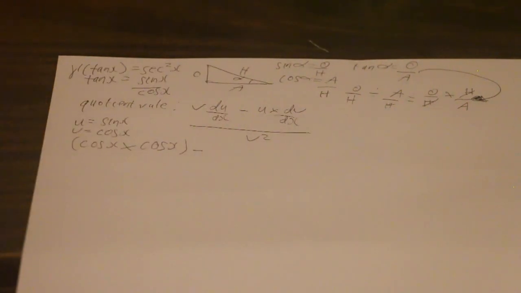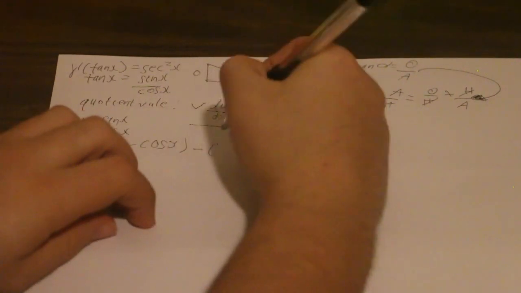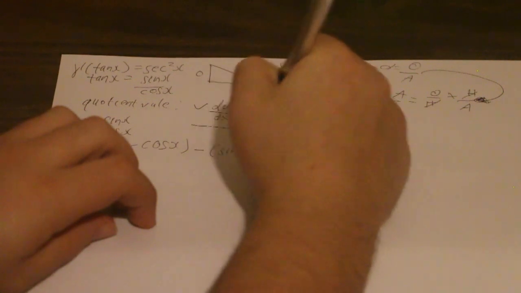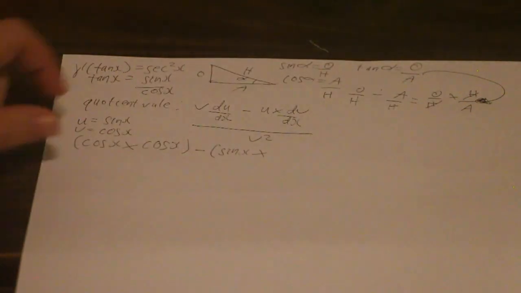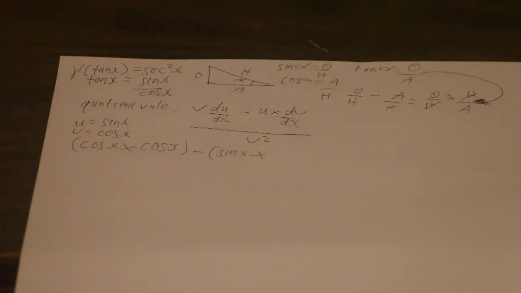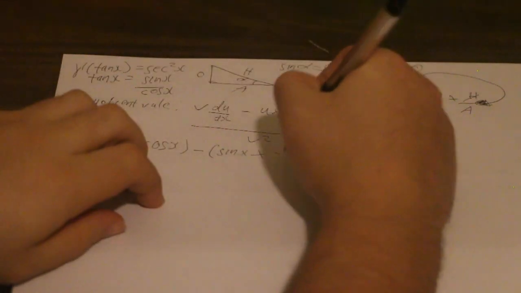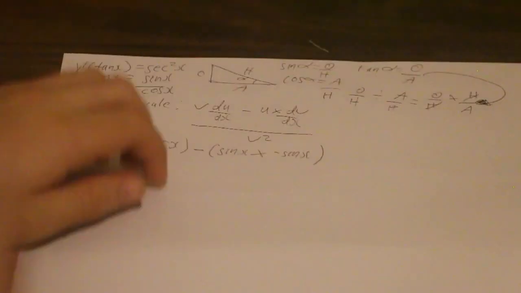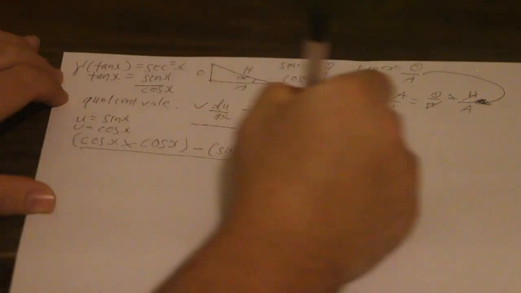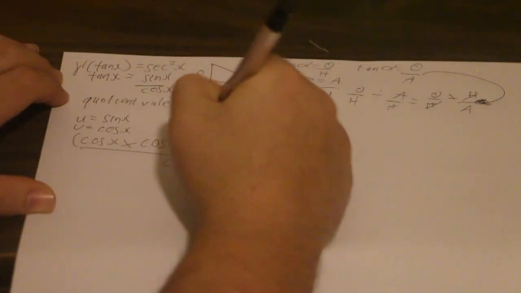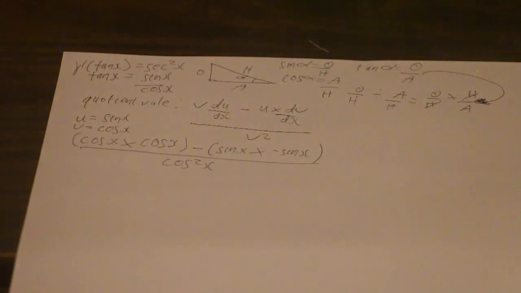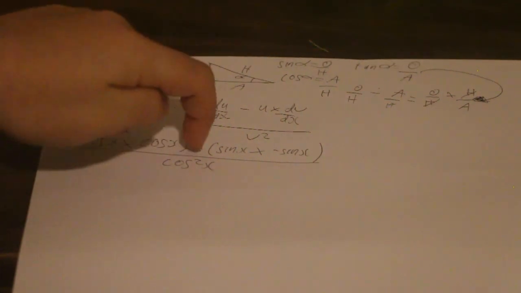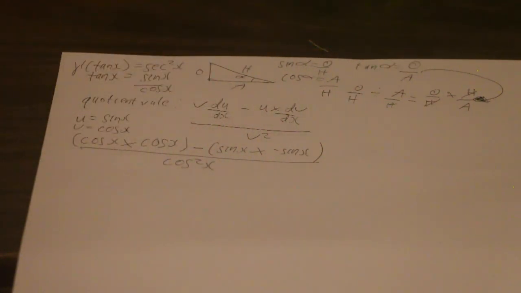Minus, tell me guys if you want to see that, minus u, which is sin x, times dv dx, and v is cos x, so the derivative of cos x is minus sin x. This can also be proved using limits, all over v squared, which is cos squared x. So we just substituted in the values instead of u, v, dv dx, and du dx.